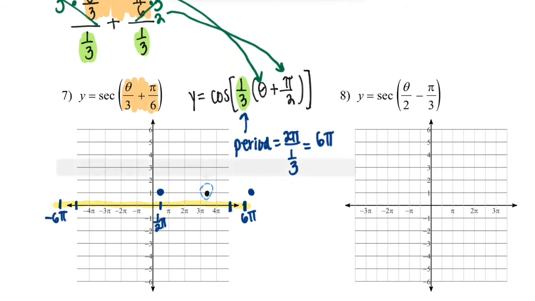And our point isn't at the maximum, our point is at the minimum. And then halfway between our max and our min, we're at the midline. Going to continue the same over here.